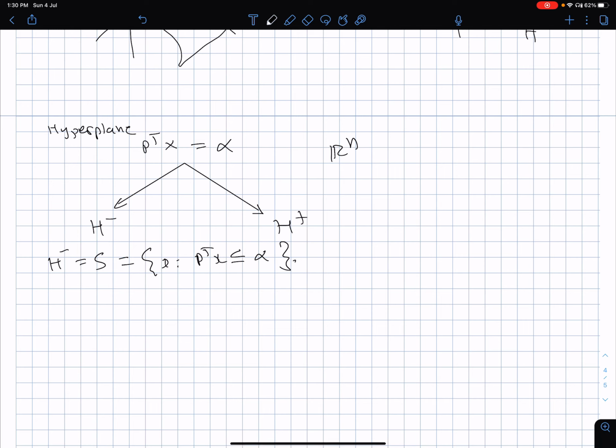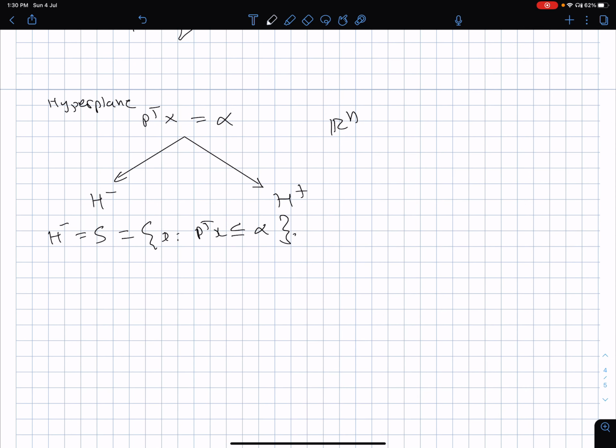And h plus is the set of all x such that P transpose x is greater than or equal to alpha. Okay, so the boundary P transpose x equal to alpha, the hyperplane, is included in both h plus and h minus. If you look at the intersection of h plus and h minus, it is the hyperplane P transpose x equal to alpha.